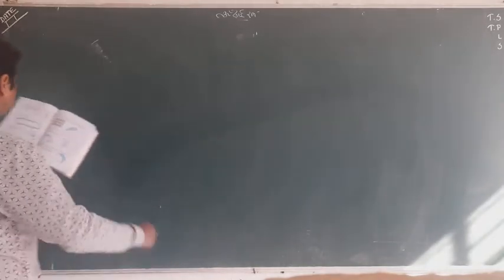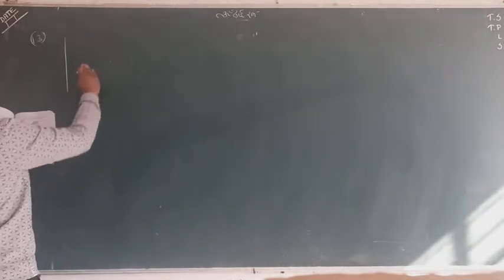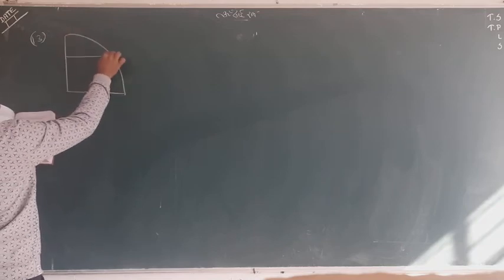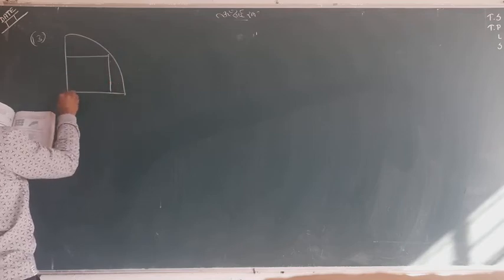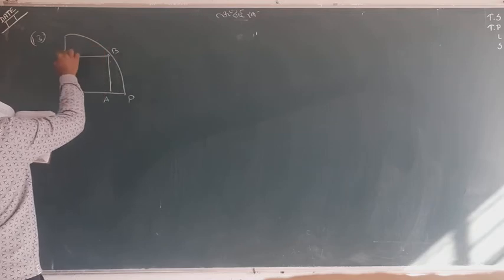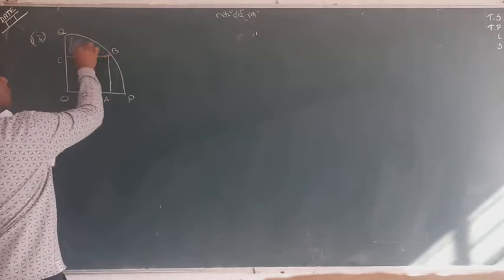Okay, now I'll go with question number 13. In figure 12.31, you can see this is just like a picture, and the naming of it is labeled, and these two are shaded.